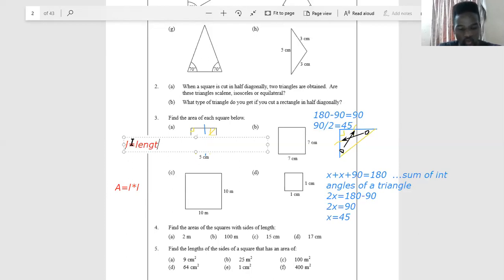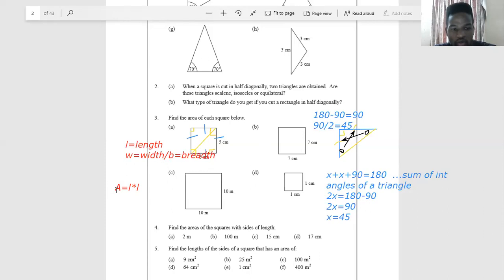And then you can also see W, which represents your width. They can either use B or W. B is breadth. So W and B is the same thing, guys. I hope you understand.